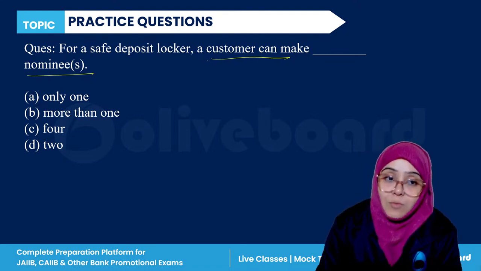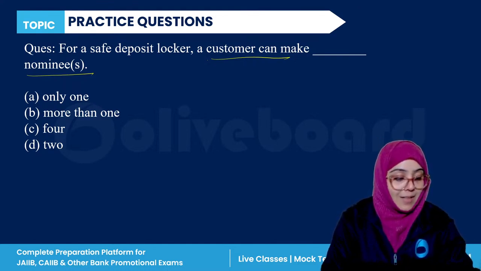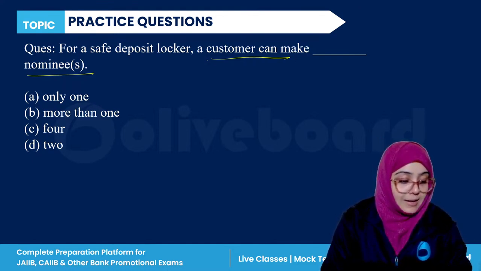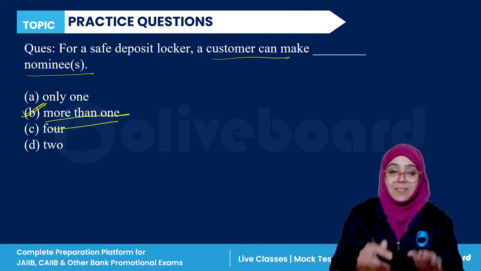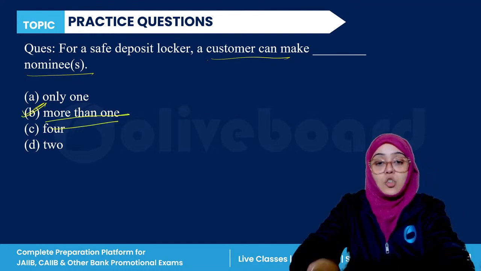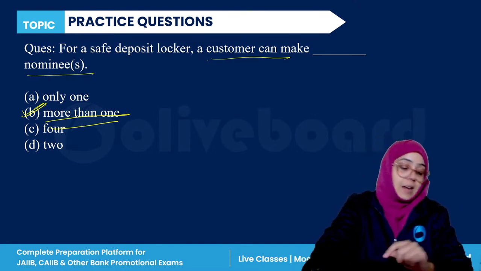So the correct answer is, obviously, more than one. In a safe deposit locker, a customer can choose to have more than one nominee also. B is the correct answer, right?